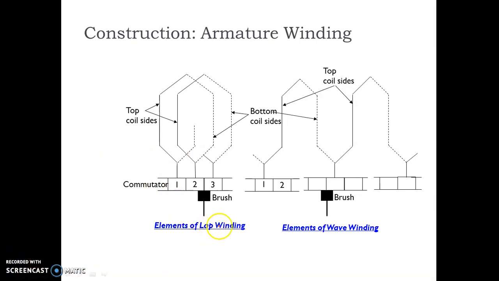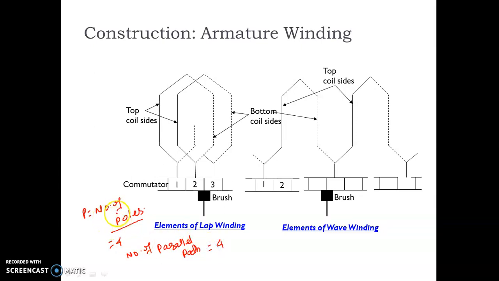In the case of lap winding, if P equals the number of poles in the stator, suppose you are putting 2 poles or 4 poles, then in lap winding the number of parallel paths will also be equal to that.